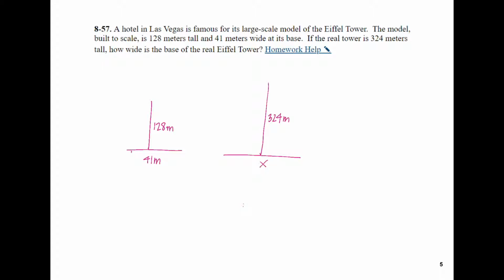If we set up a proportion, so we put 128 over 41, we set that equal to our larger real Eiffel Tower. We can then use inverse operations, multiply by 41 on both sides, multiply by x on both sides because it's the inverse of division.